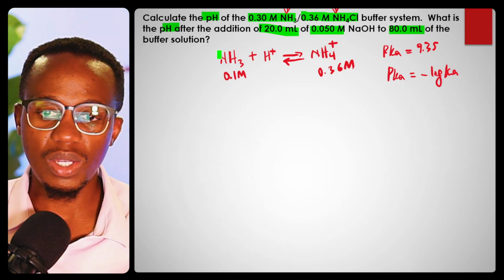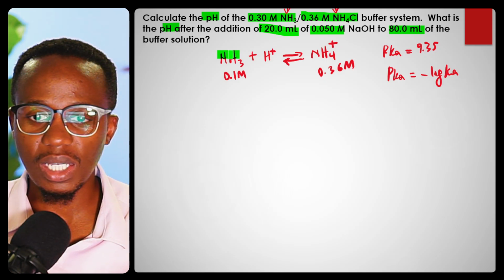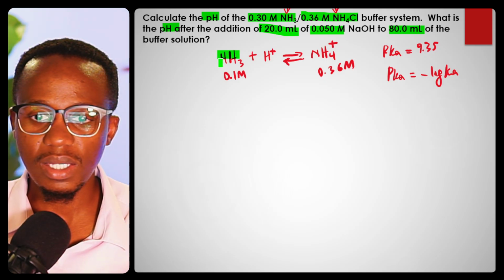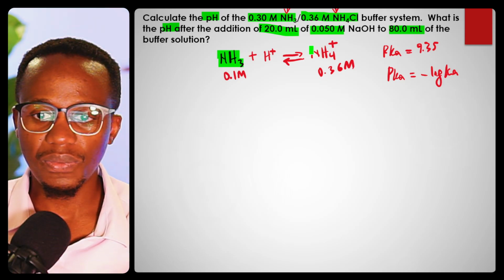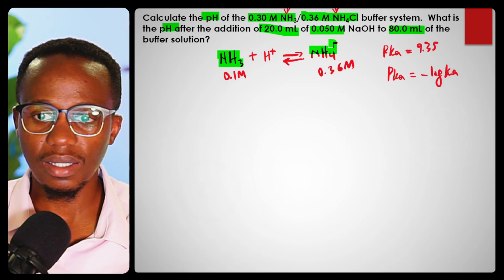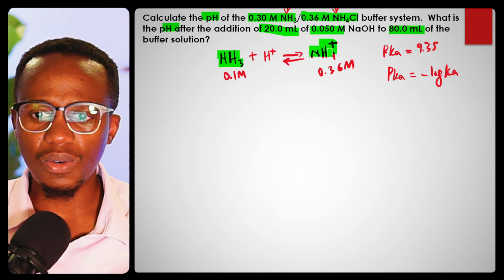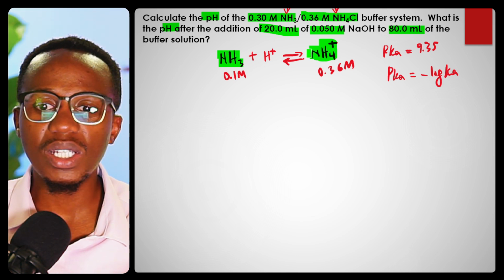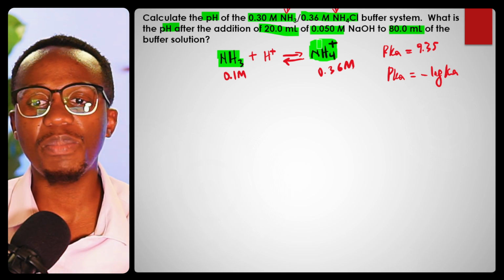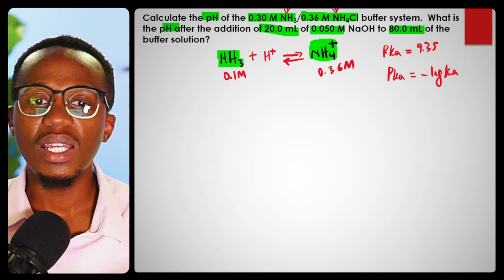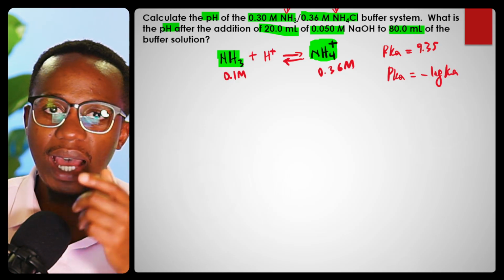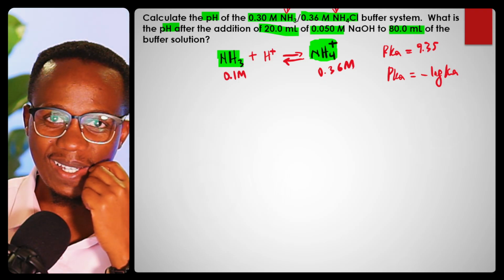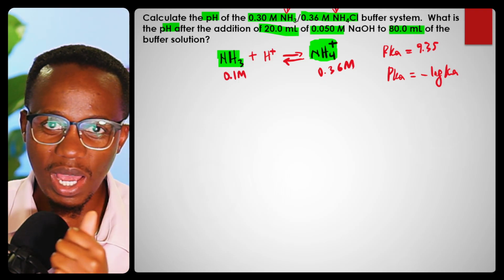Remember, when you add something, it's going to be taken care of by either the base or the acid entity, right? This is the base entity, this is the acid entity, right? So if you add NaOH, what's going to neutralize it? Is it the base or the acid? NaOH is the base, right? It's going to be neutralized by our acid.